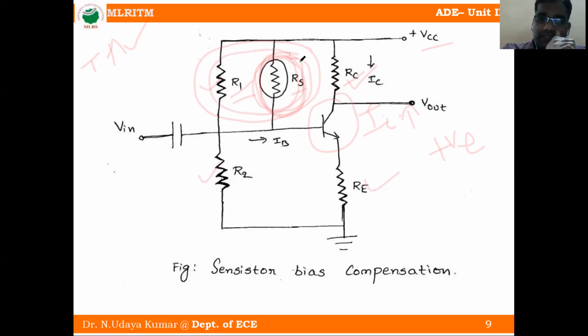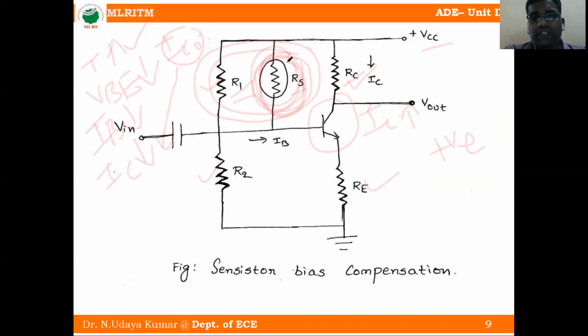If the whole resistance is increased, the VBE voltage is decreased. If VBE is decreased, the base current IB is decreased. If base current is decreased, IC is decreased. How much IC naught has increased, that much we decrease by using the sensistor device. So that is called sensistor biasing.